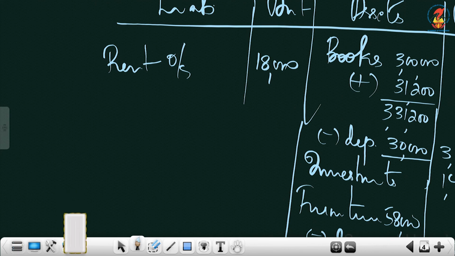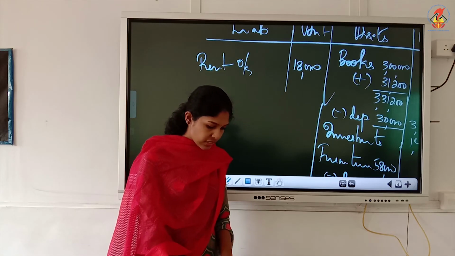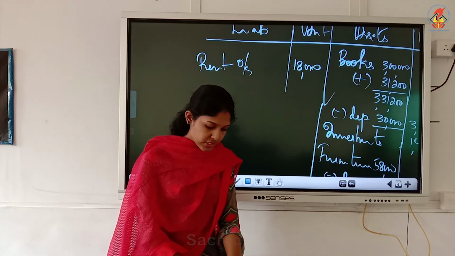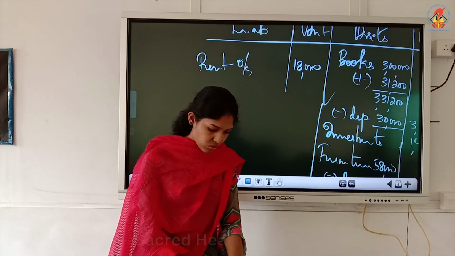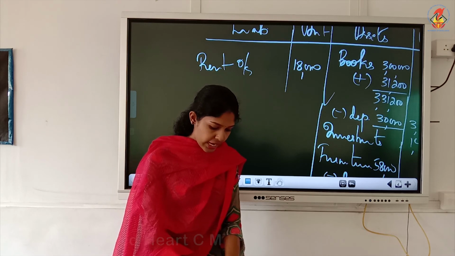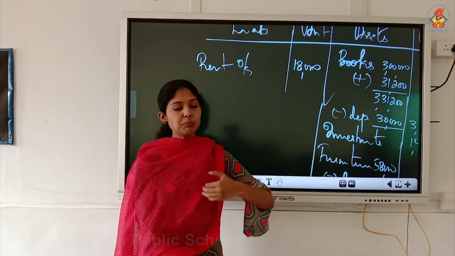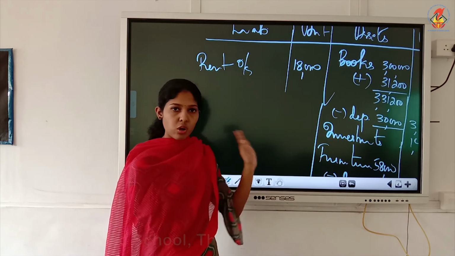Then depreciation is the next adjustment that we have already adjusted with books and furniture. So, now I think we have written all adjustments. Yes. So, automatically when you follow the order, you will record all items.